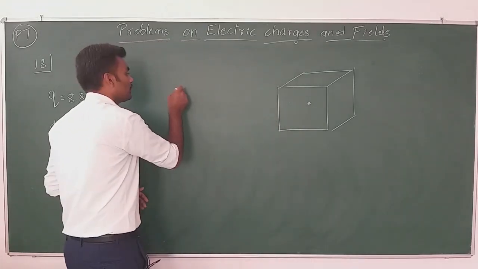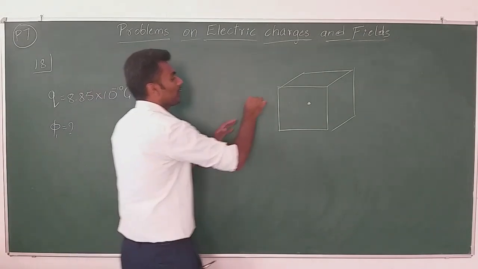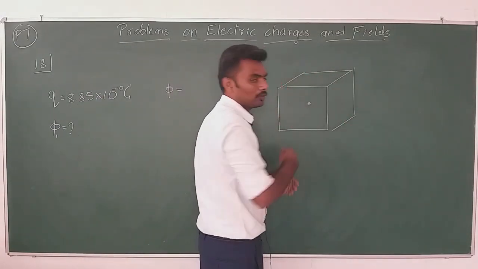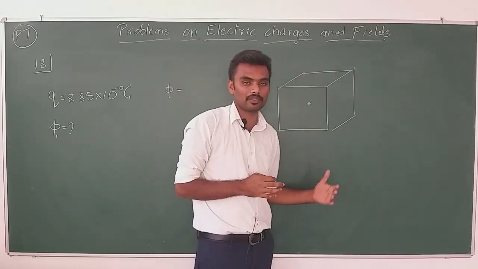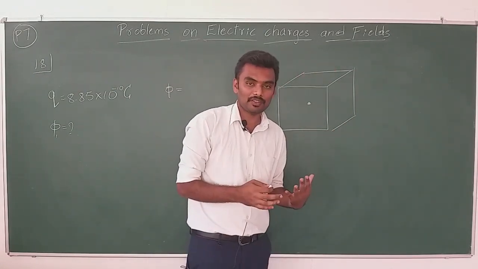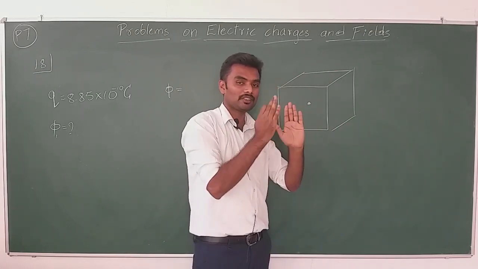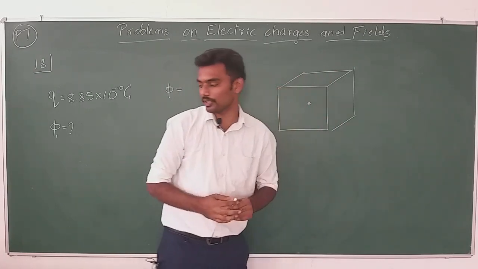Which means the total flux experienced by the entire cube, and a cube has 6 surfaces, is the total flux experienced by all the 6 surfaces put together.